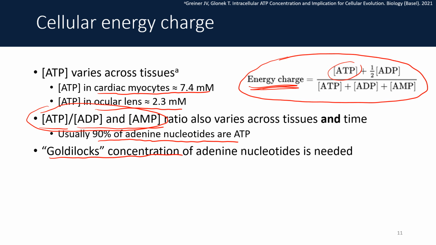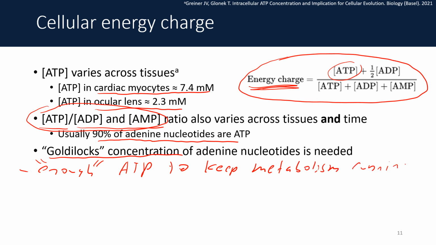We need enough ATP to keep metabolism running, but we actually don't want so much ATP that this ratio, the energy charge, is not responsive to changes, all right? Not so much.